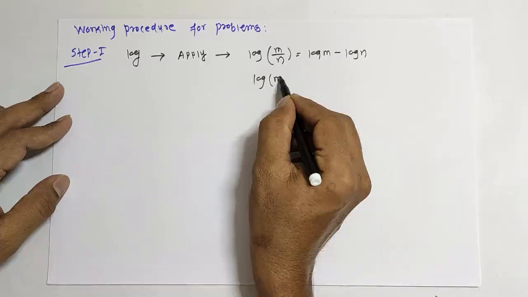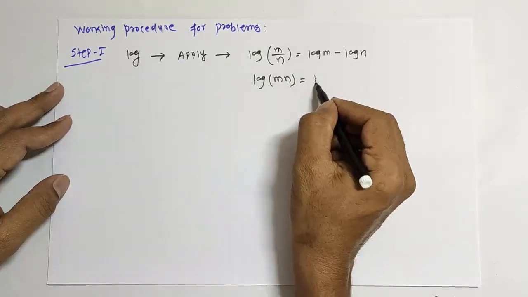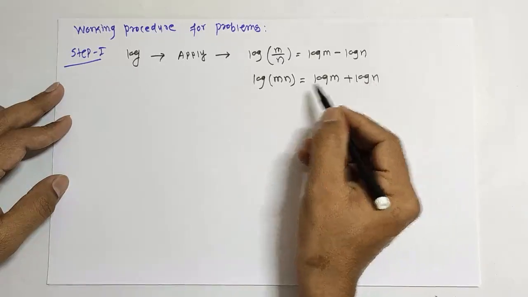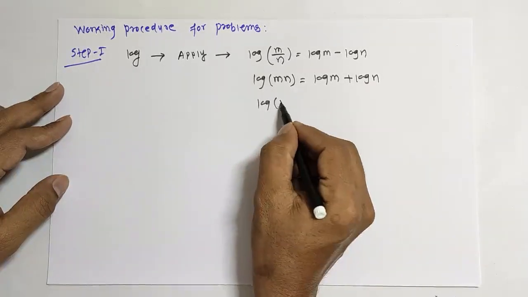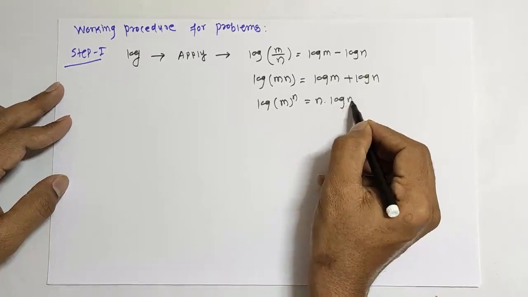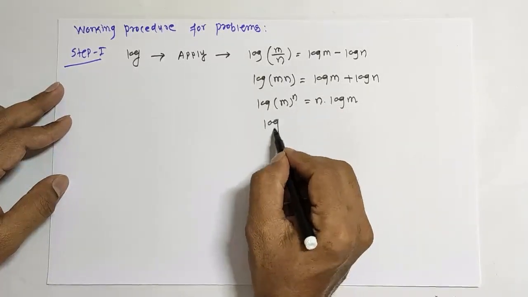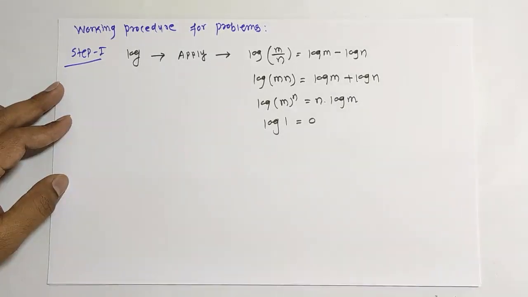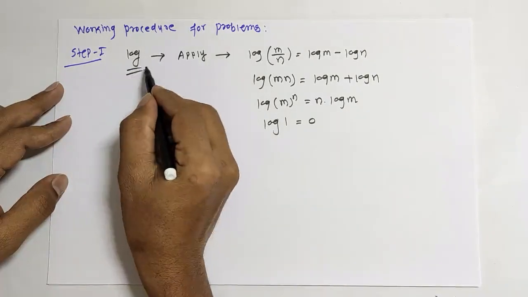If log of m into n is there, use the property log of m plus log of n. If log of m raised to n is there, you can write n into log m. And wherever required, log of 1 to the base e is equal to 0. So these are the properties of logarithm we have to use in case of logarithmic functions.